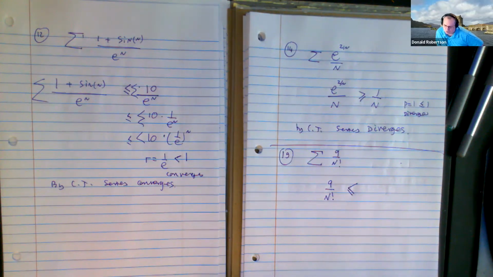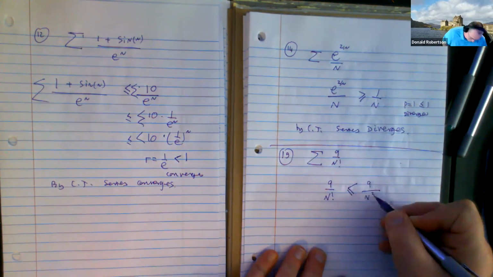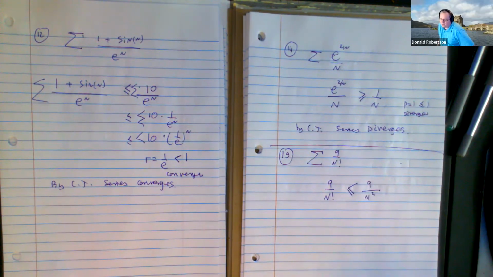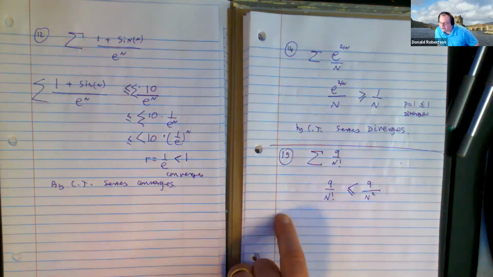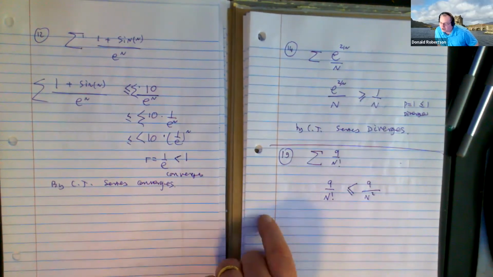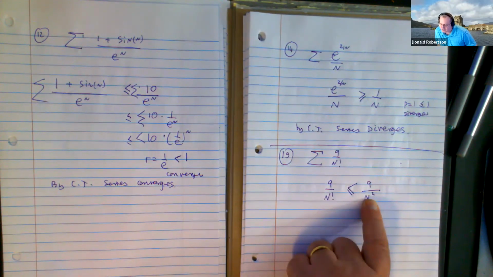So, how about 9 over n squared? Well, why can I get away with that? Isn't that 1 times 2 times, but towards the end, isn't it an n minus 1 and an n? Would you agree that that's going to be massive and that's not quite as massive? All right.